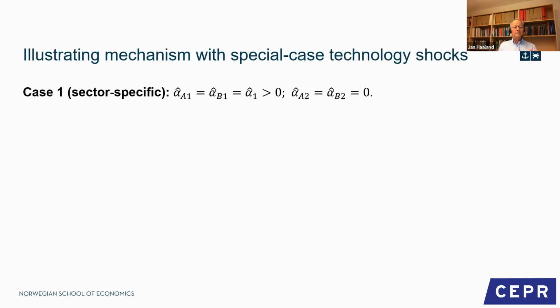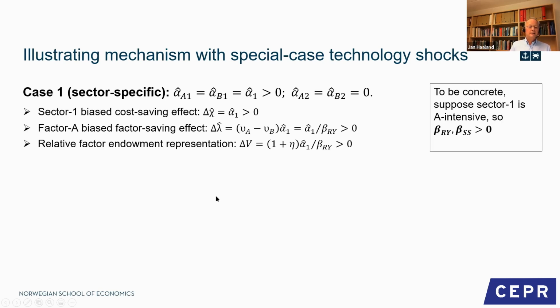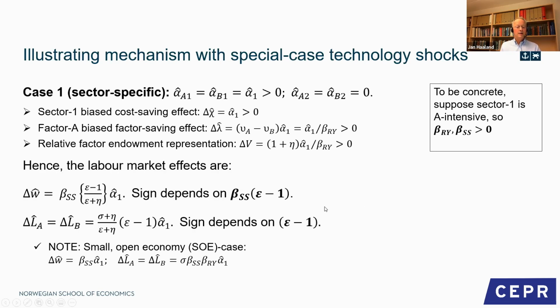If you look at a sector-specific case, so both factors experience better technology in sector 1, but not in sector 2, then in our setting, the sector bias of the cost saving is straightforward. It is for sector 1. The factor bias depends on whether sector 1 is A or B intensive. So the Rybczynski effect comes in here. And that is also true for the relative factor endowment representation. The Rybczynski effect matters, so the factor intensities matter.